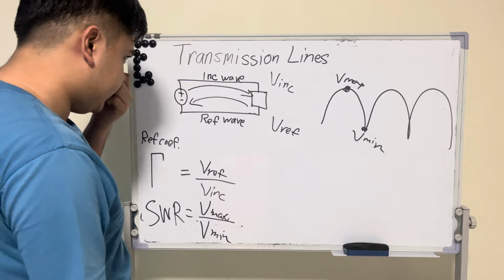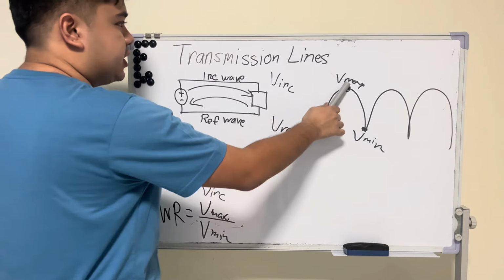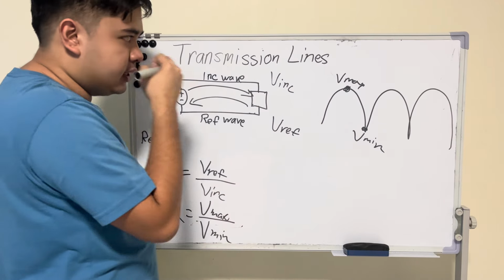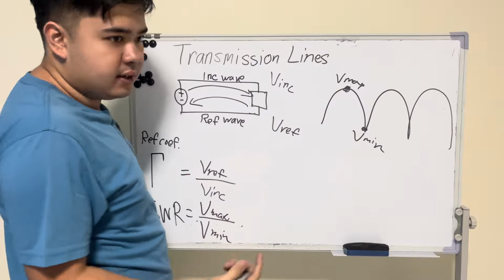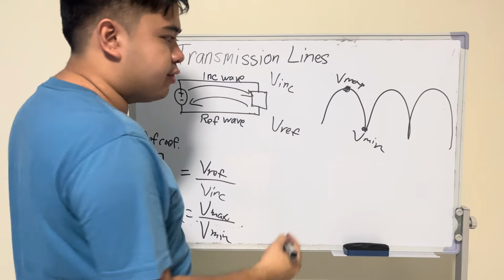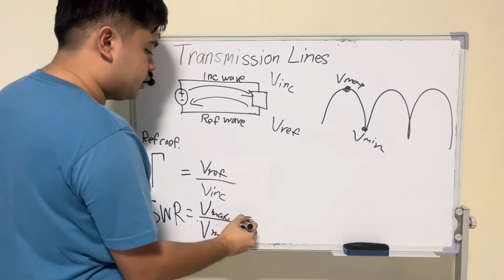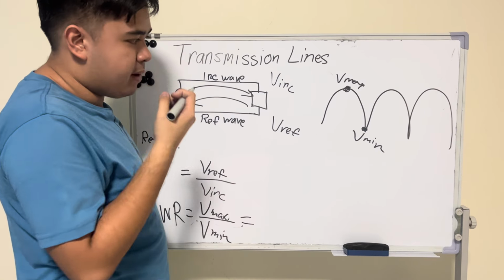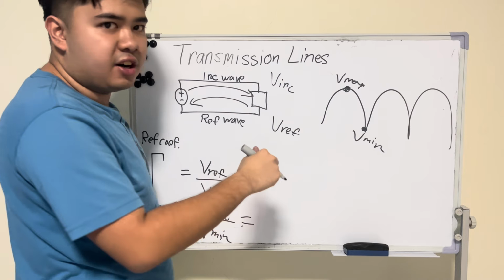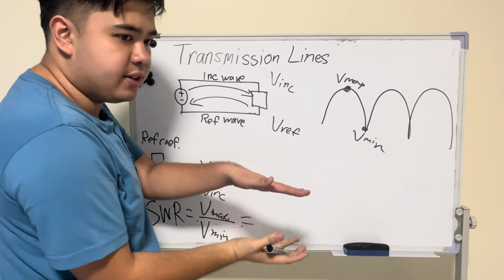Now, when will we find the maximum and the minimum amplitudes? The maximum amplitude, again, the standing wave is a result of the incident wave and the reflected wave. So, we can find the maximum amplitude when both of these are in phase or adding together, right?